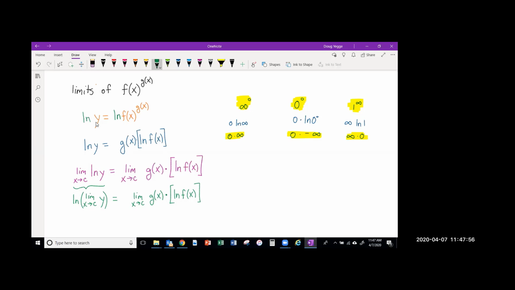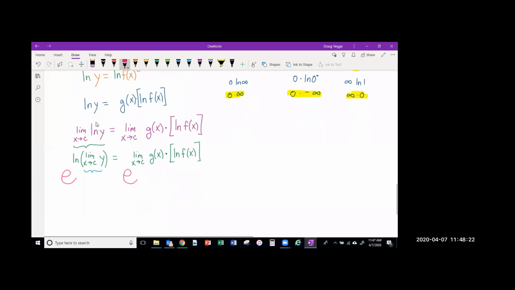Lastly, remember, y is f of x to the power of g of x. I'm trying to find the limit of f of x to the power of g of x. So all that means is I'm trying to find the limit of y. So the way I can do that is take e to the power of the left and e to the power of the right.